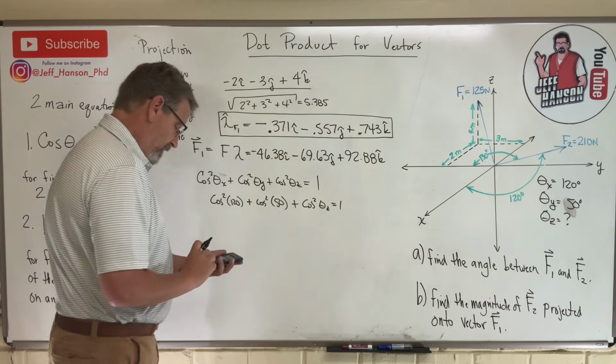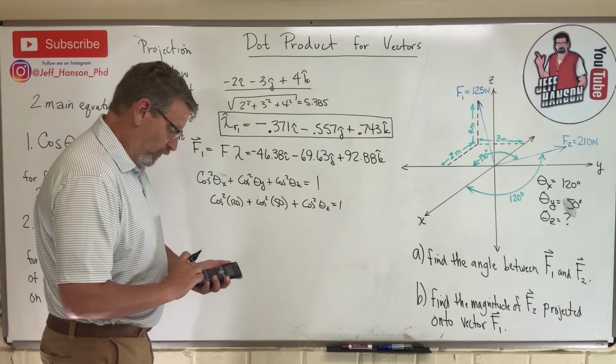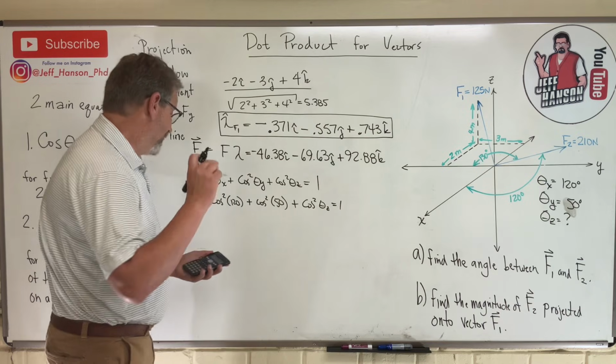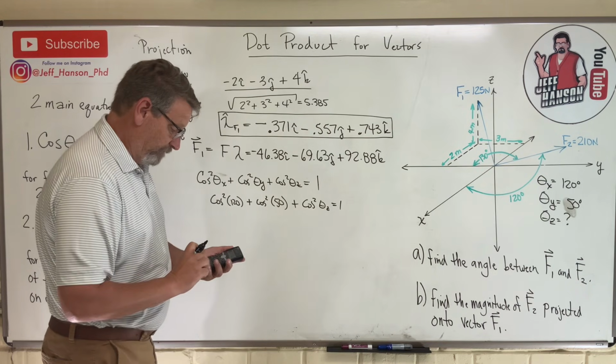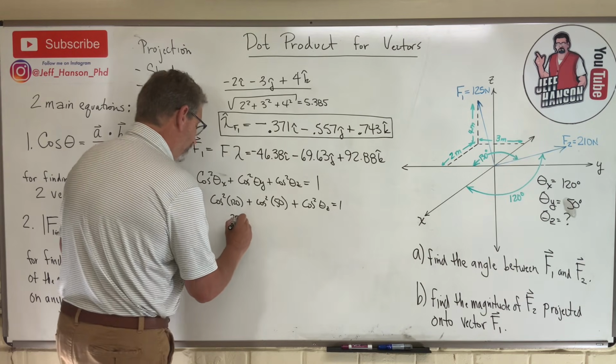Okay, let's see here. Here we go. Cosine of 120 is equal to, bam, negative 0.5, and then you got to square it. What does that give you? That's going to give you positive 0.25, isn't it?